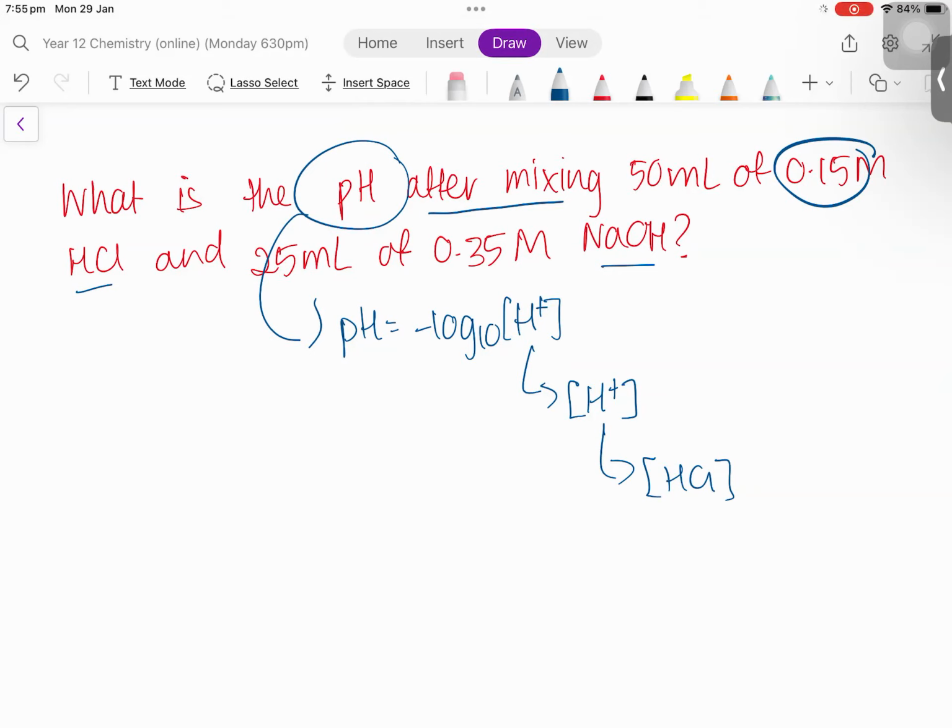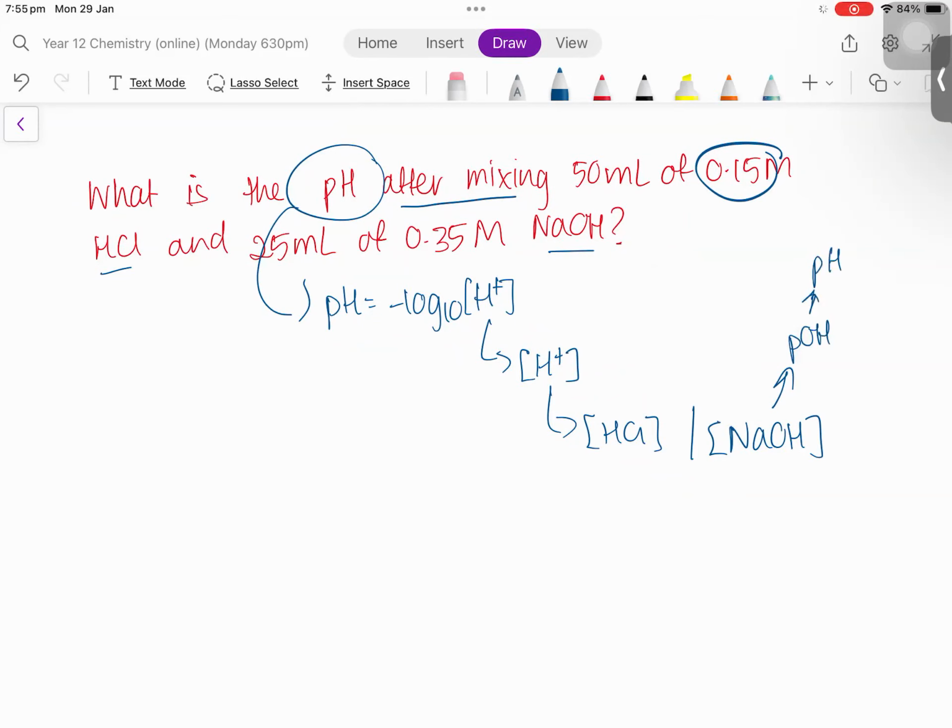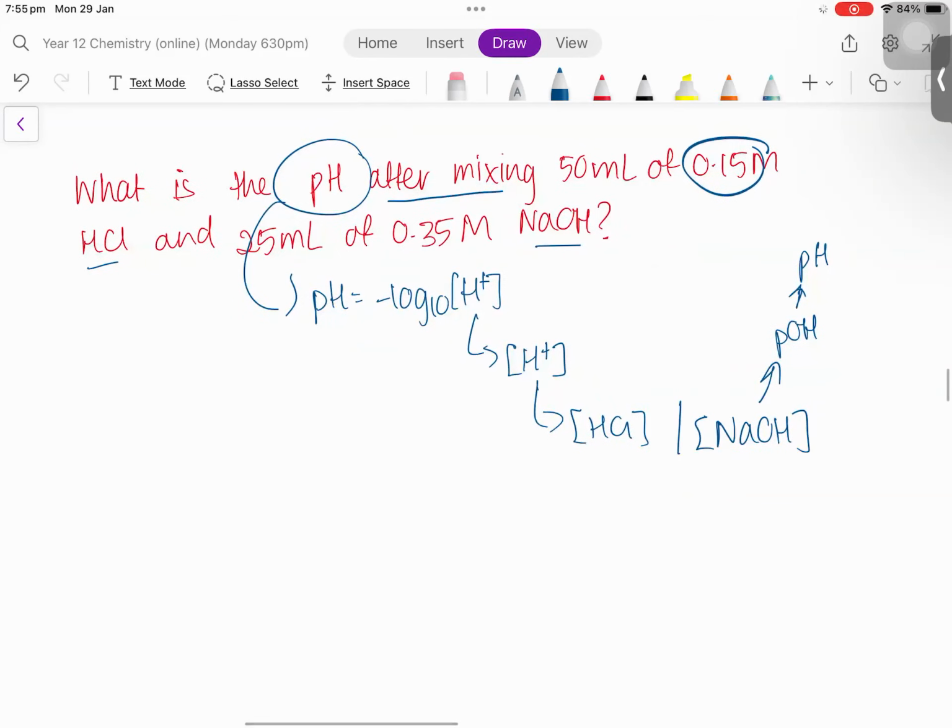Because remember, from the base, you can calculate pOH, which then you can convert to pH, yeah? So the pH comes from the acid or the base concentration, but not the acid or the base that's in there. The acid or the base that's left over after the neutralization reaction.